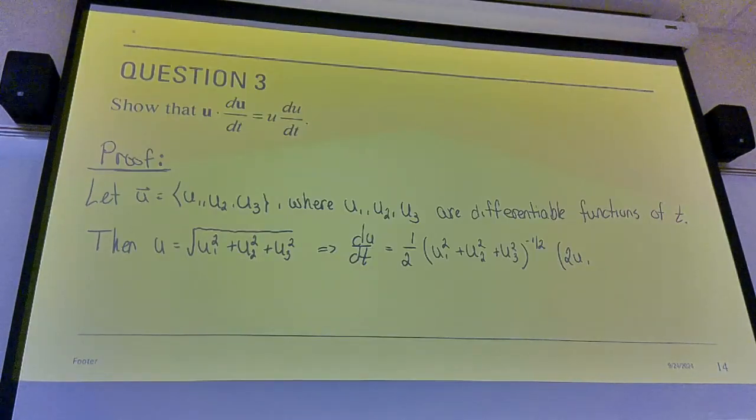Isn't U1 a differentiable function of T? Yes, I'm thinking of it like a variable. So general power rule says it's 2U1 times the derivative of U1. Okay, right. And now we simplify that.